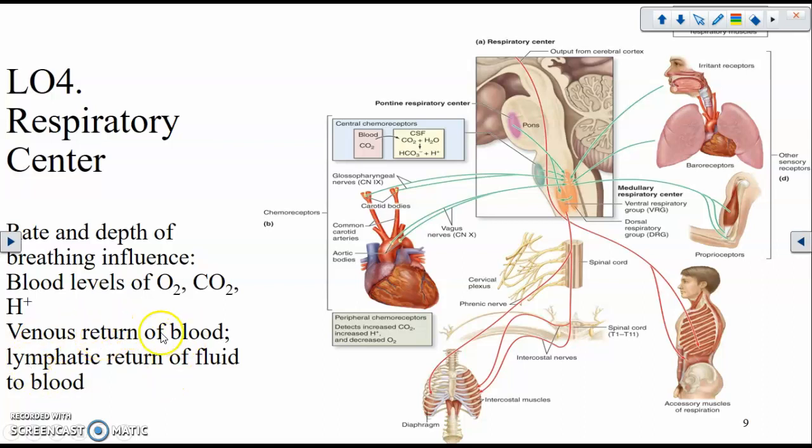So the more blood returns to the heart, the deeper the respirations. Why? Because you want time for blood to pass through the lungs and get those red blood cells to pick up those important oxygen molecules. Okay? Quiet breathing, VRG. Abnormal breathing, DRG.